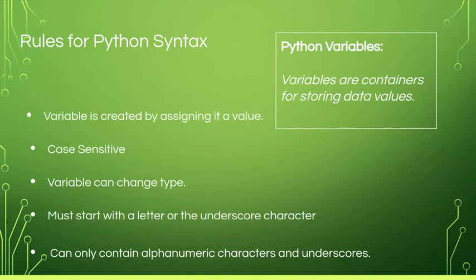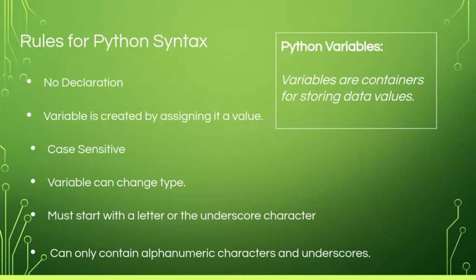Now, what's a variable? Python variables are containers for storing data values. But in Python, there are some rules for writing variables. The most conventional method is to write small, descriptive variable names.